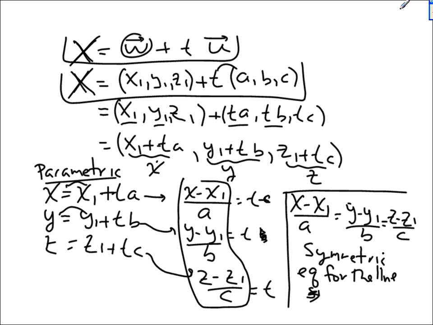The line that has the point x1, y1, z1, and is parallel or in the same direction as the vector a, b, c. So, a lot of theory there. Different ways of writing the equation of the same exact line.